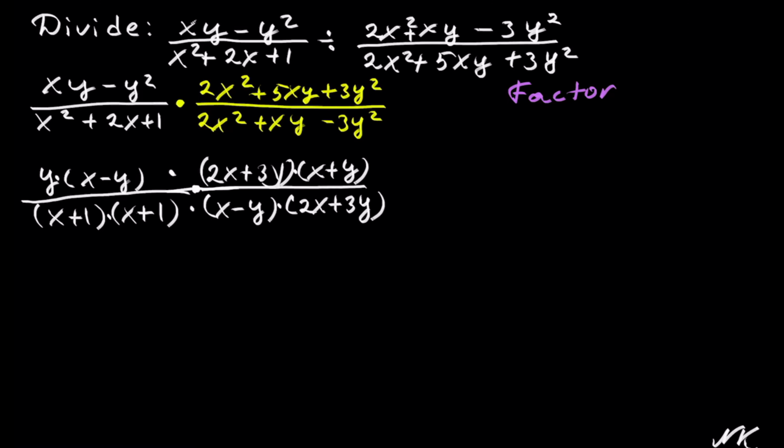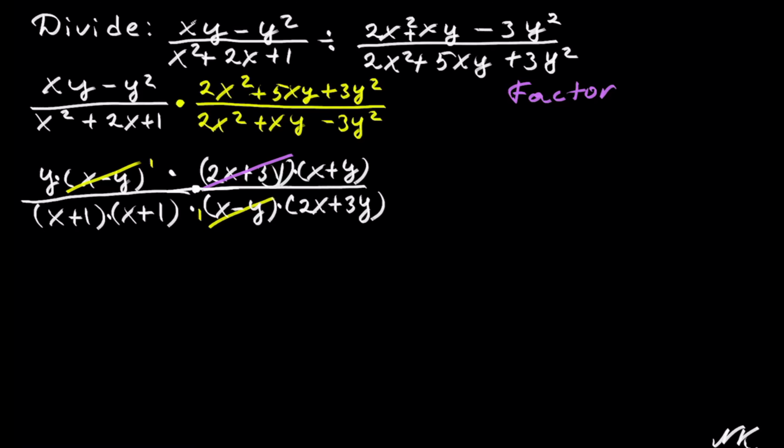The first pair is x minus y in the numerator with x minus y in the denominator. So x minus y out of x minus y cancel into 1 out of 1. We also have 2x plus 3y in common. So 2x plus 3y in the numerator can cancel with 2x plus 3y in the denominator. They become 1 out of 1 as well.